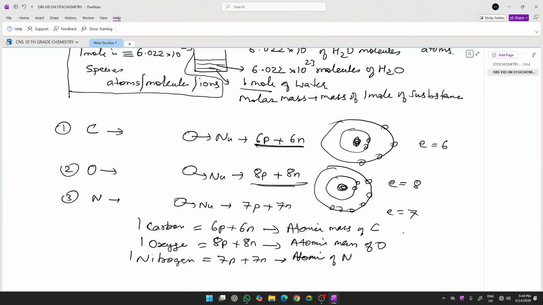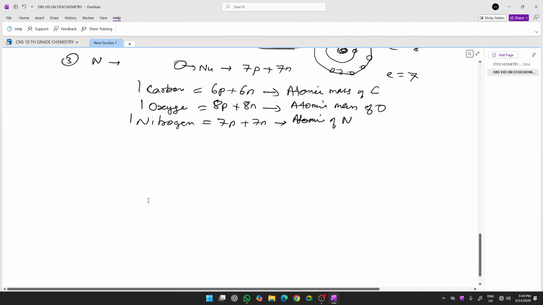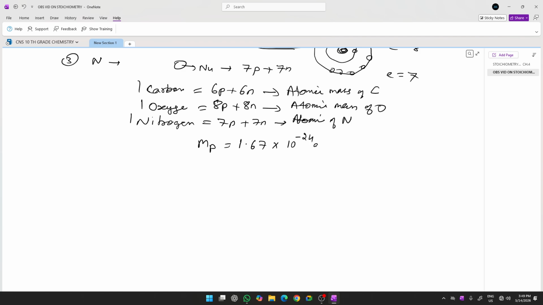Now I'll give you one more piece of information. Mass of a proton, whether it is in carbon, nitrogen, oxygen, any element, is 1.67 times 10 raised to minus 24 grams, right? Mass of one electron is 9.1 times 10 raised to minus 27 grams.